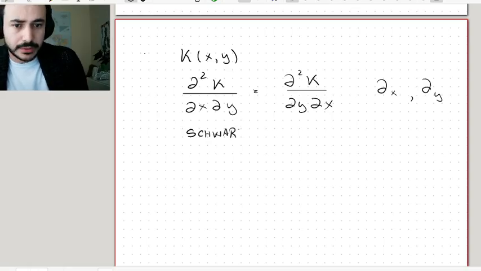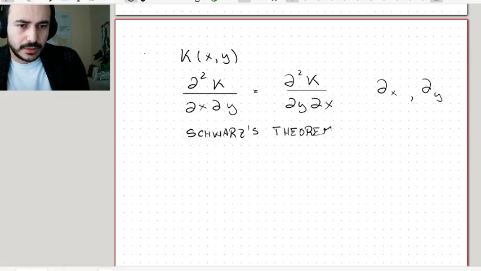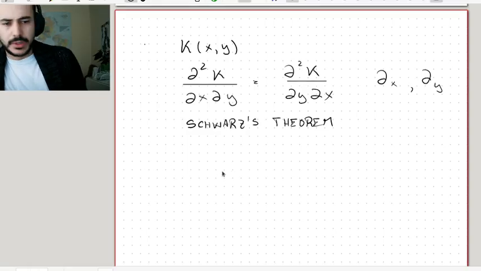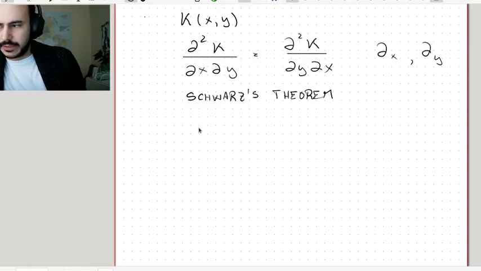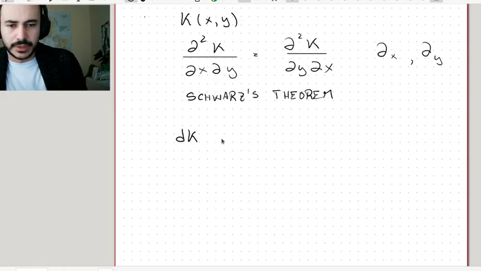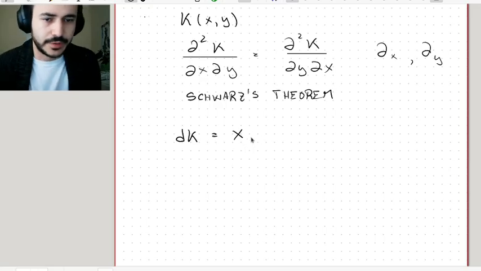Maybe misspelled, Schwarz theorem for the mixed derivatives. There's several theorems due to Schwarz. This has consequences of practical interest for us, because in many cases in thermodynamics we are going to be writing the differential of a state function, and we are going to manage to write it in different ways, depending on different choices of independent variables, for instance.